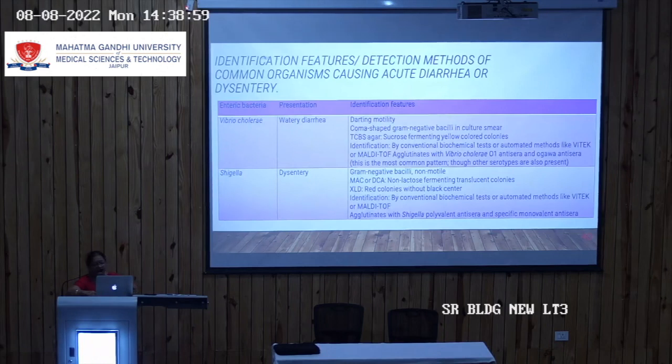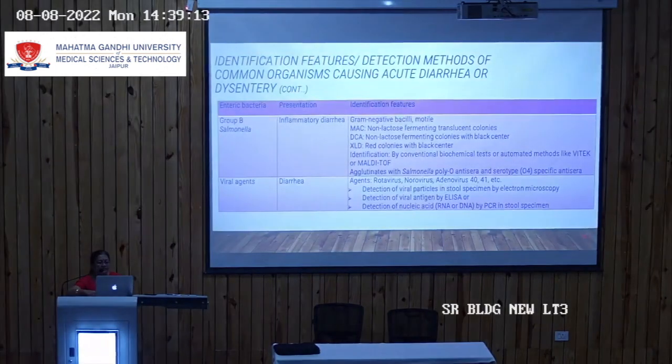In Shigella, it is generally dysentery, which means diarrhea will have some blood, and gram-negative bacilli which are non-motile will be seen. Shigella is a non-motile bacteria. Then Salmonella, inflammatory diarrhea, and motile gram-negative bacilli will be seen.